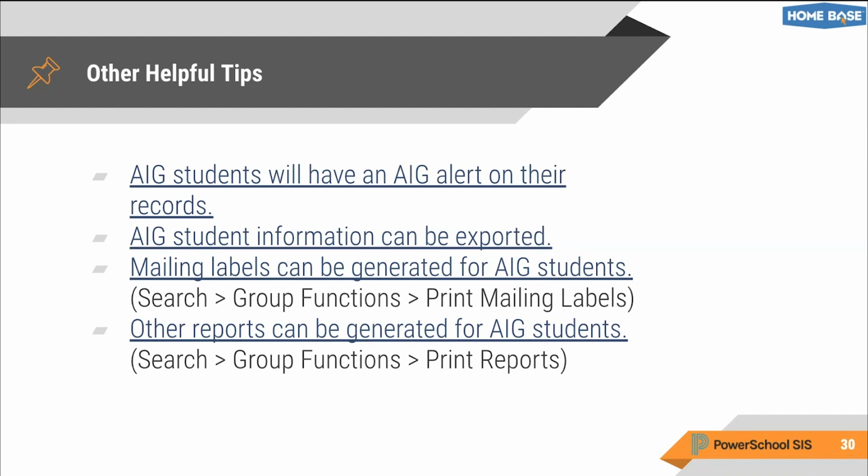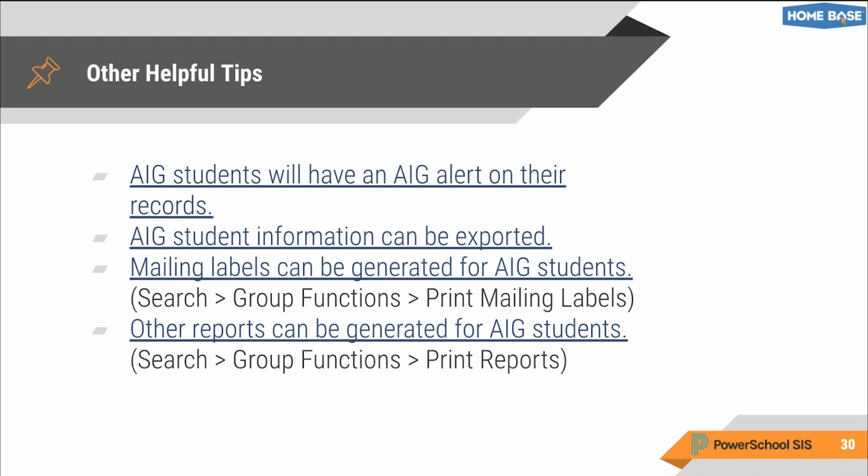It is visible to teachers in their teacher backpack, and that AIG alert feature helps us to know who the gifted learners are and how we need to begin to serve them. Now, a teacher will have access to drill down and see their identification area and all of those things, but it will at least get them thinking, and will get the conversations started about how to support the gifted learners in their classroom.